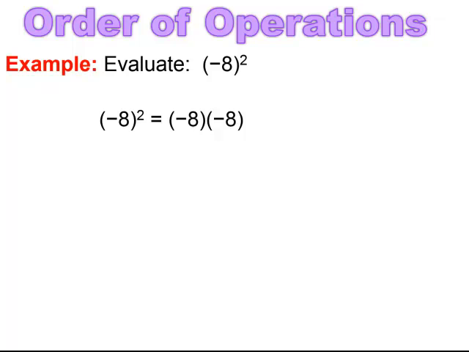So the square of parentheses negative 8 equals parentheses negative 8 times parentheses negative 8. Because I have a negative times a negative, I end up with a positive answer, and we get a positive 64. So when I'm evaluating a parentheses with an exponent, you're taking that and multiplying it to itself that many times.